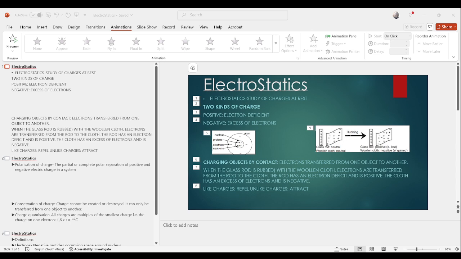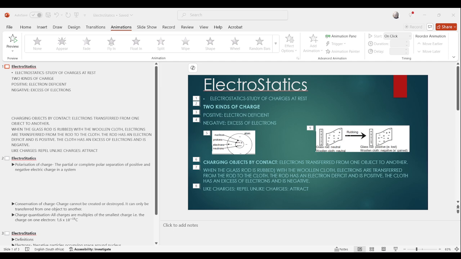So if you bring a positively charged object onto a neutral object, it will repel the charges on the surface, and they will all move towards the opposite end, exposing the negative charges on the neutral object.